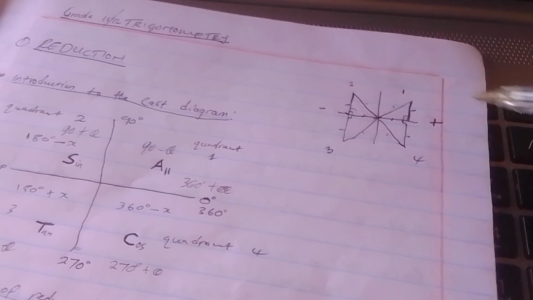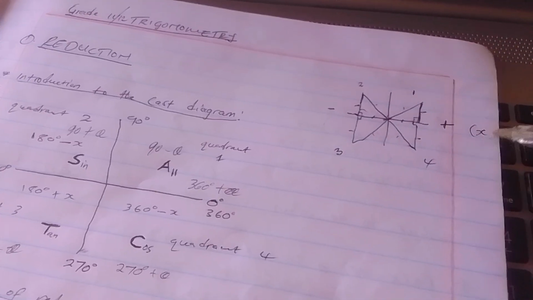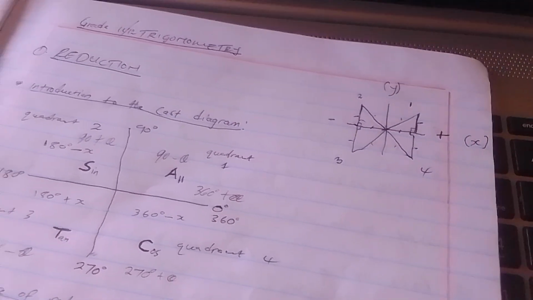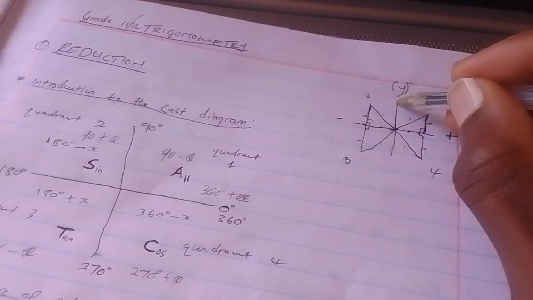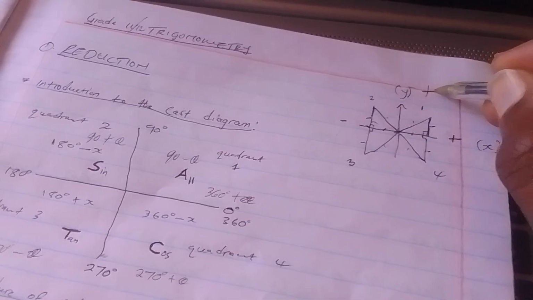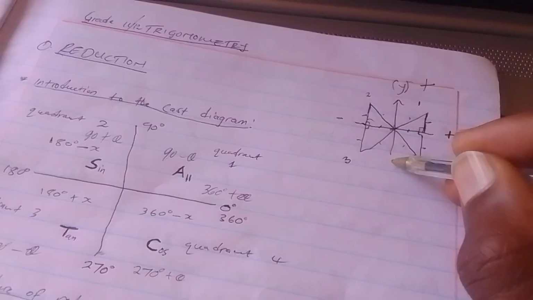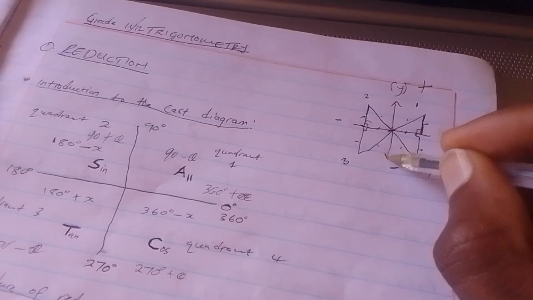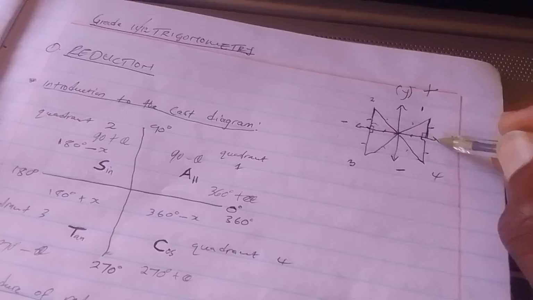This is our x axis and this is our y axis. Numbers going upward are positive and numbers going downward are negative. You know what I mean?